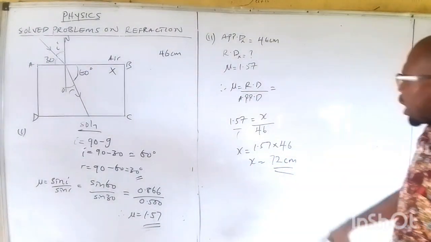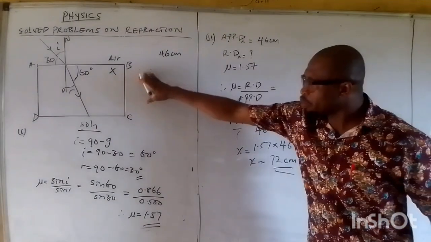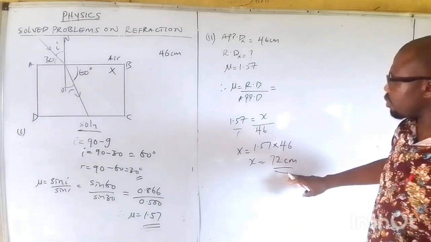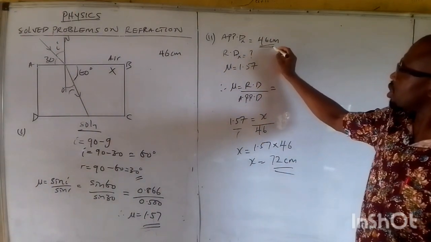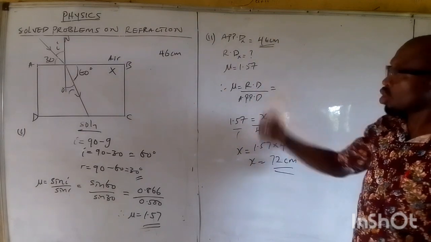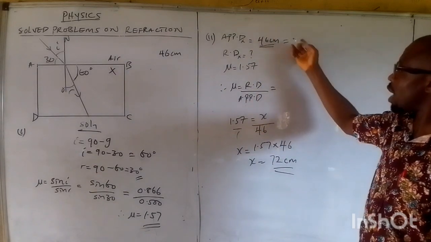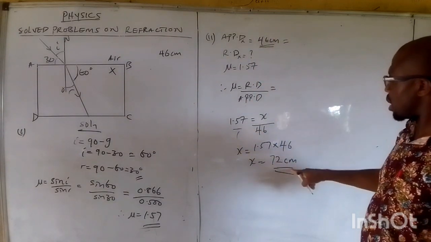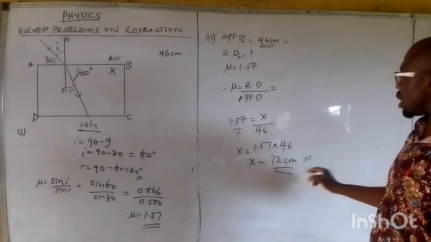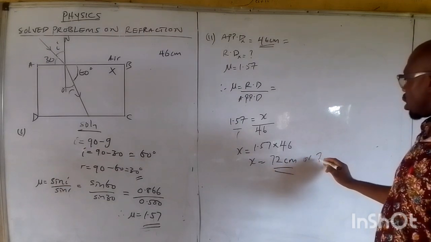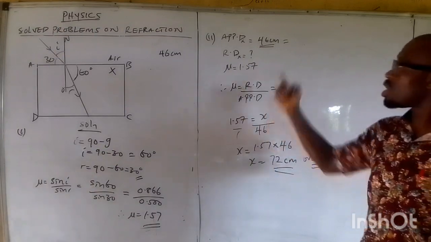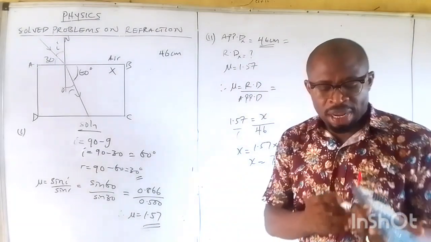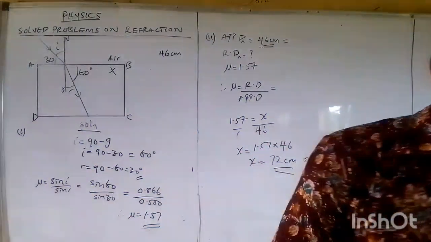So the thickness of this block X is 72 cm, while the apparent depth is 46. If you decide to, of course, you know what to do. If you want to convert to meters, it will give us 0.72 meters, as the case may be. So, okay, we will take the next question.